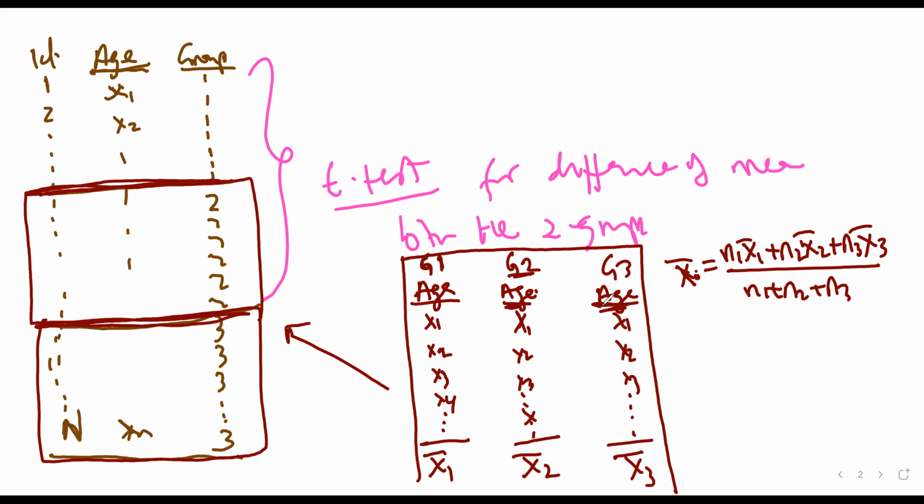For each column, I'm able to get the mean. Those are my x bar i's, and in this case i runs from 1, 2, 3. Then I'm also able to get the overall mean, or the grand mean, which is actually the combined mean. And we know the formula for the combined mean. Once I get x bar 1, x bar 2, x bar 3, I don't need to sum up the values everywhere and divide by the overall number of observations.